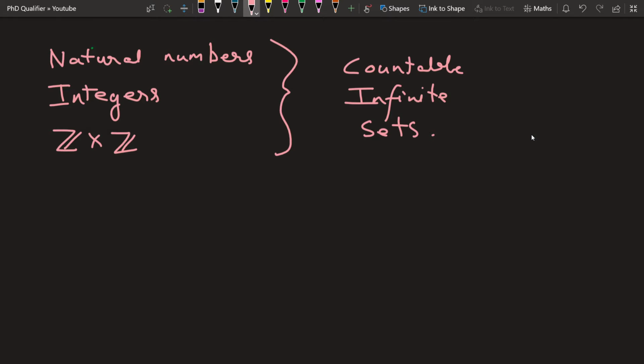So in this set, there's a very important number that we haven't talked about yet, and that's the rational number. You all know what a rational number is, but to repeat, rational numbers are the numbers which can be represented in the form of a by b, where this is the division sign and a and b are integers.